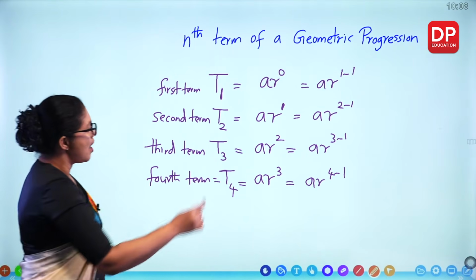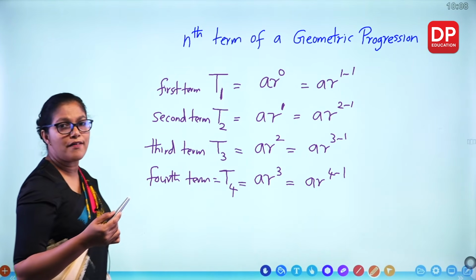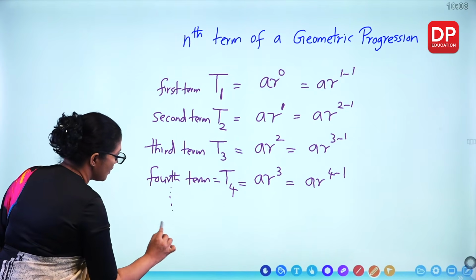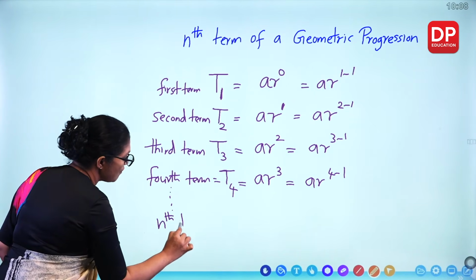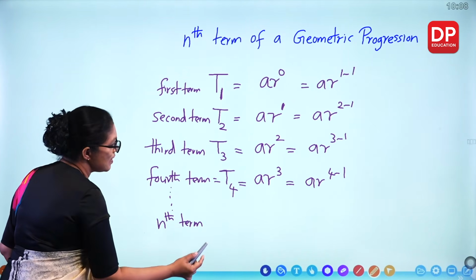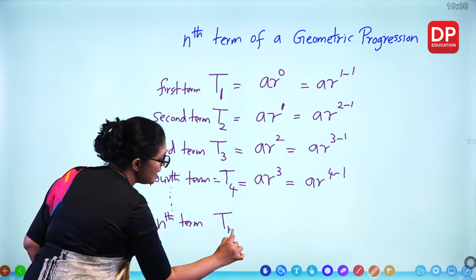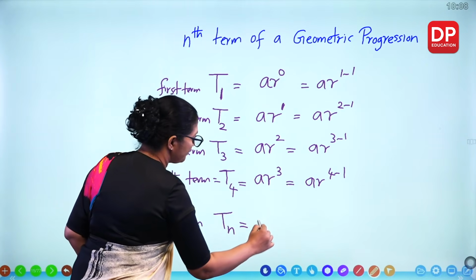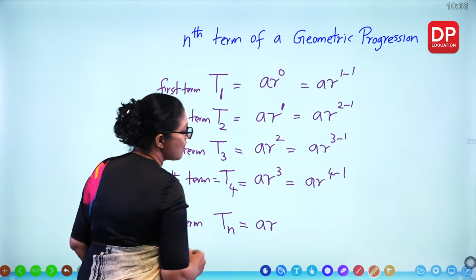Now, if I want any general term as the nth term, how can I write the formula? Nth term I can write as Tn equals A times R to the power.